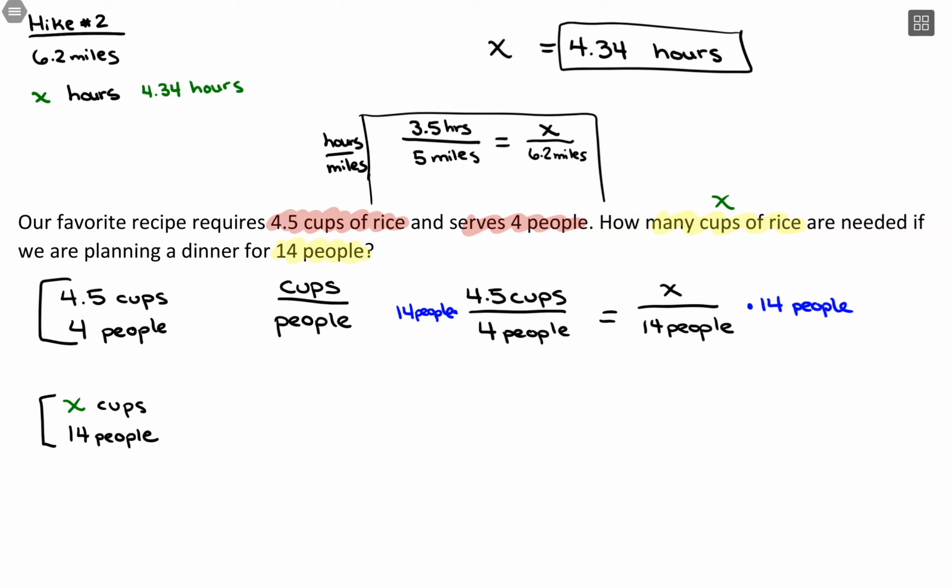So numerically, I have 14 times 4.5 divided by 4, and that should give us 15.75. Over here, that 14 people all cancels out, so we just get x all alone. And then for units, people will cancel out, so we're just left with cups of rice.